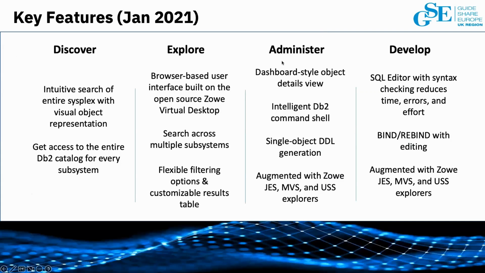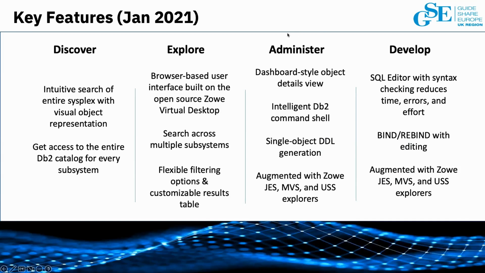There are four main key features. The first one is the discovery. It's a very easy way of searching your entire estate. You define to Admin Foundation the subsystems that you are interested in or you want loaded in.